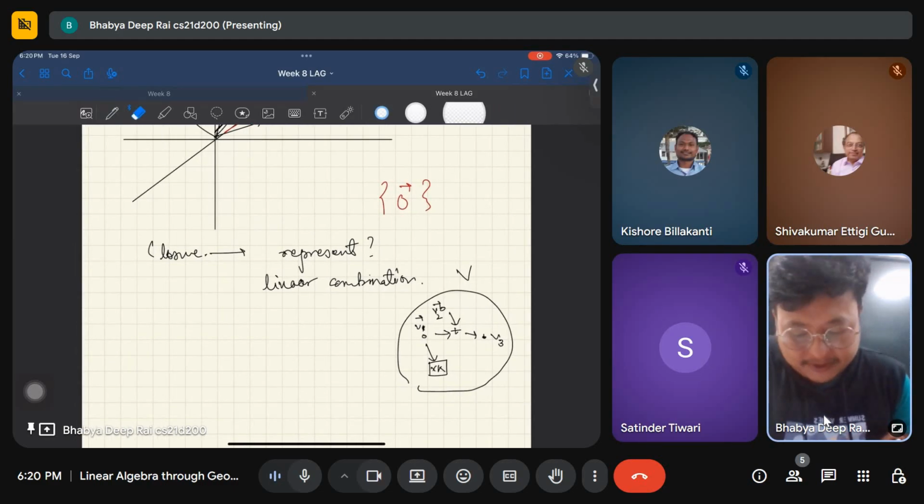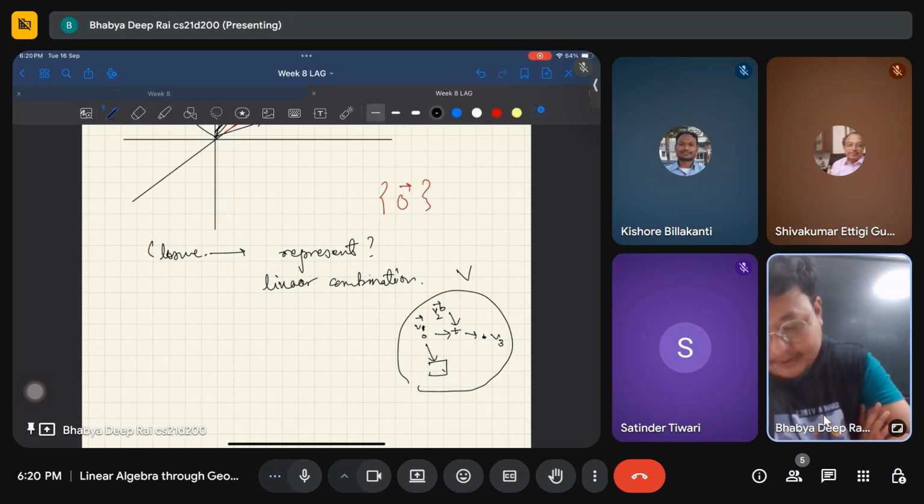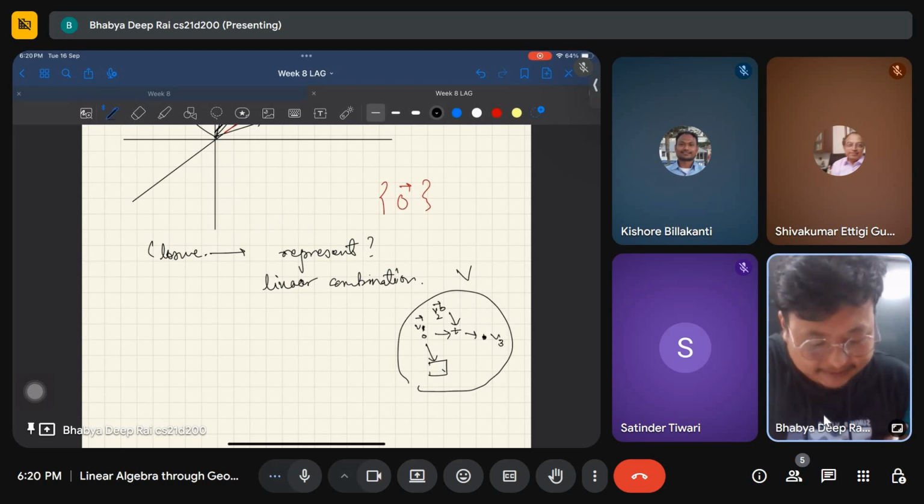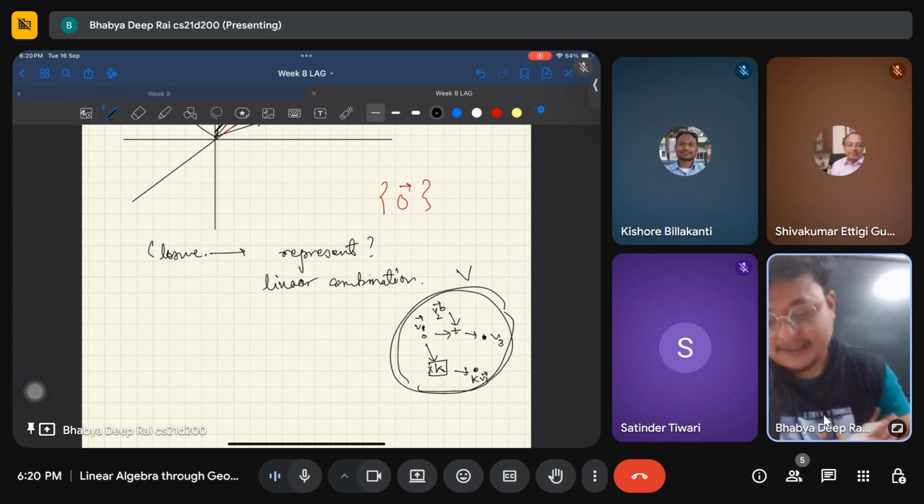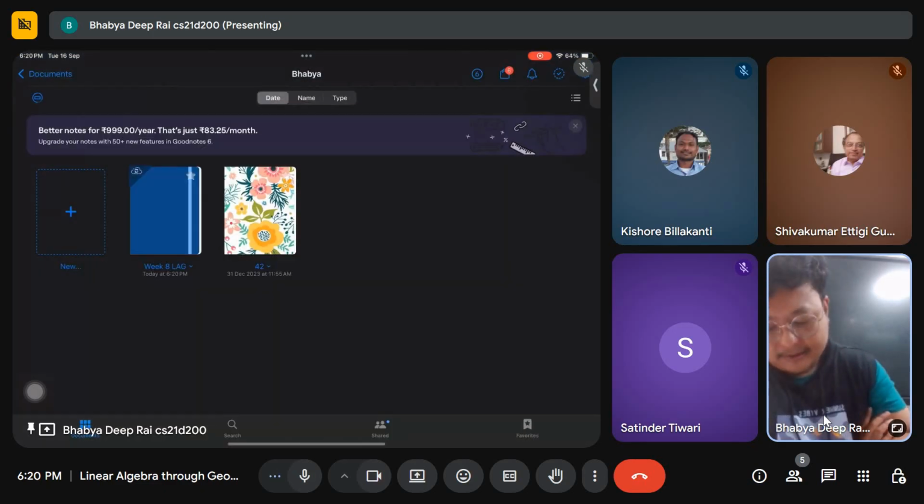So what does closure mean really? If I add, I get into the same space, in the same set. If I multiply by a value k, I get some k times v1, which belongs to the same set, right?